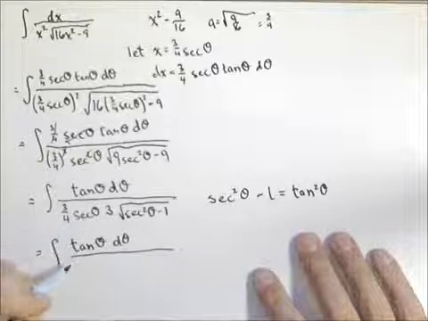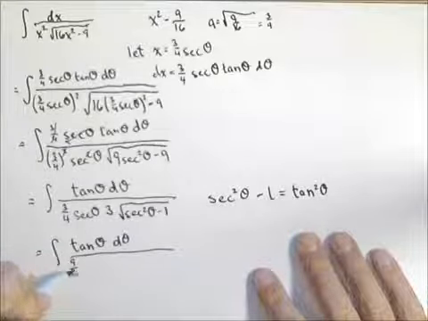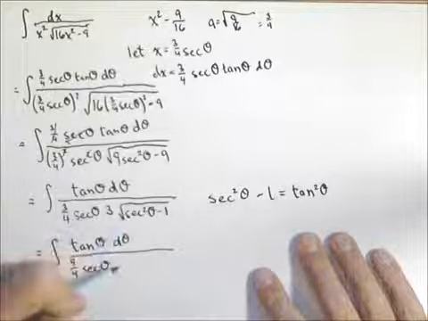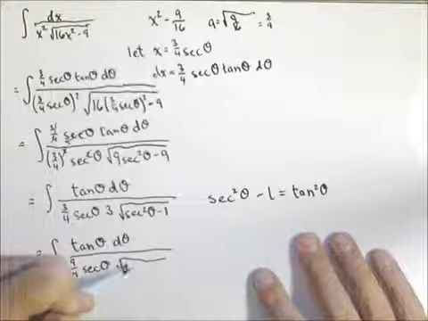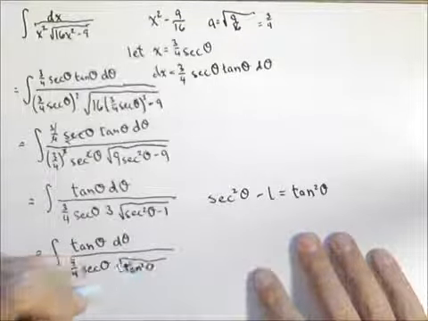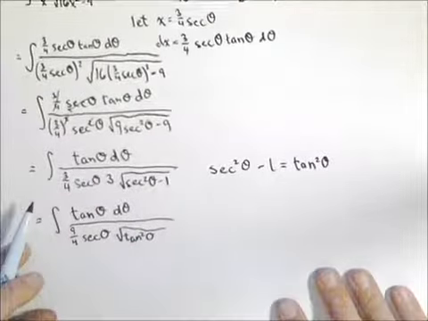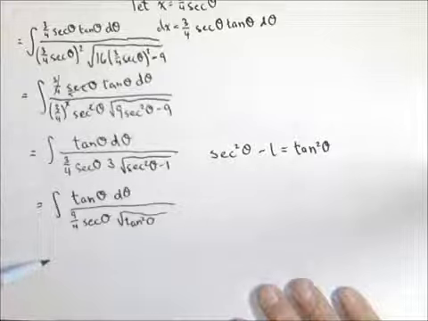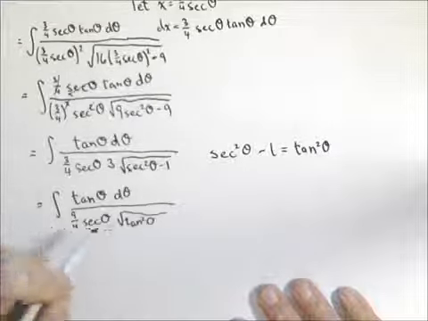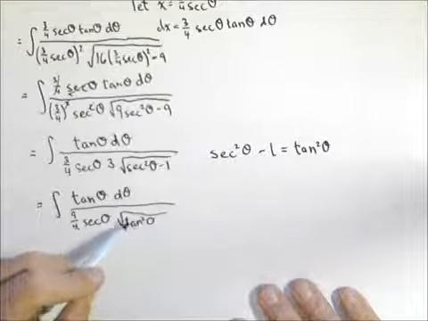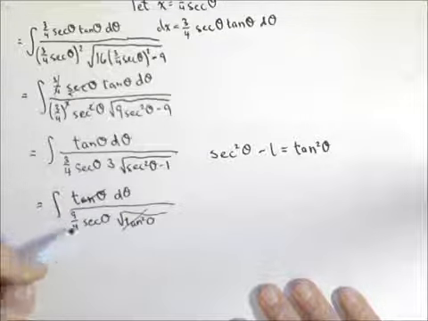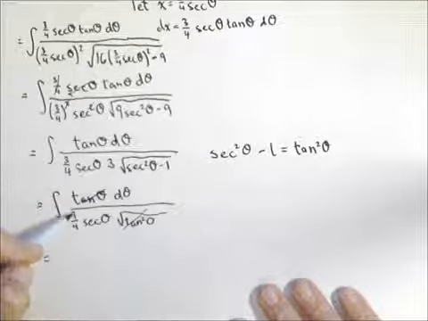I'm going to go ahead and multiply those together. 9/4 secant theta times the square root of tangent squared theta, which is equal to tangent squared theta, square root of tangent squared theta is just tangent theta. So this is going to cancel out with this. Now there's no other constants, so let's go ahead and pull this out.